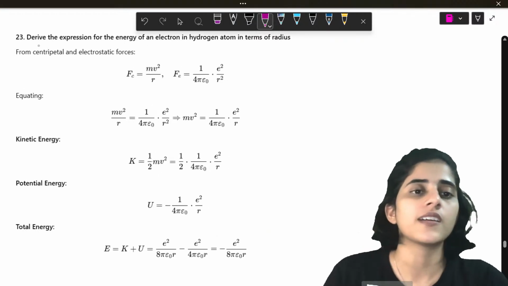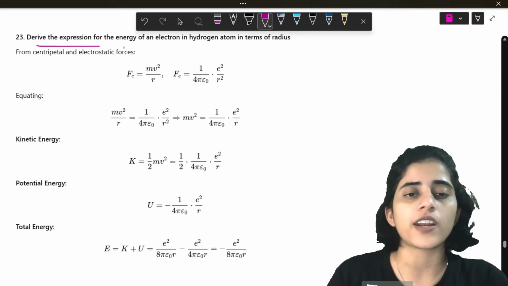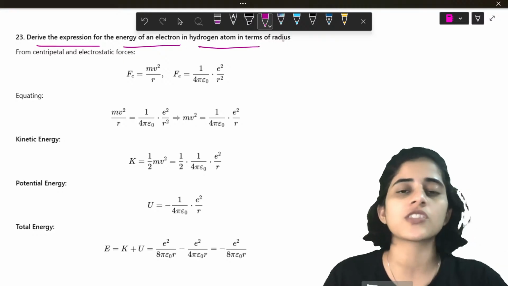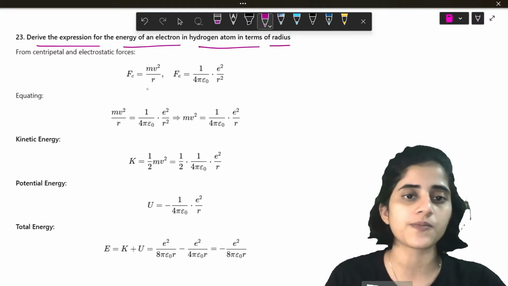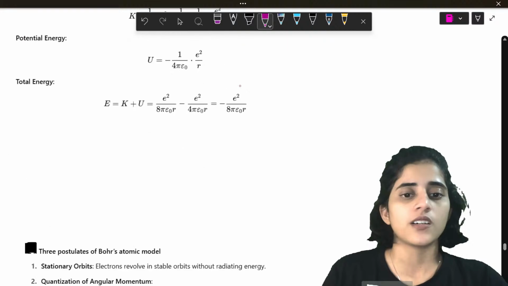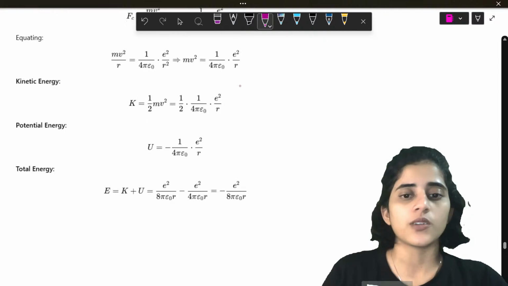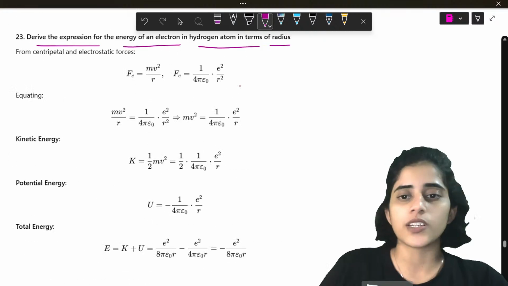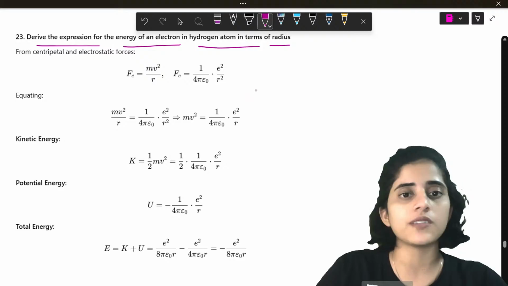Next question. Derive the expression for energy of an electron in a hydrogen atom in terms of radius. I don't have a figure, so you just have to derive an expression for energy.